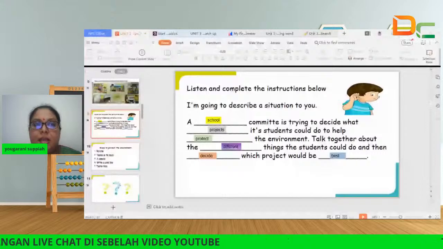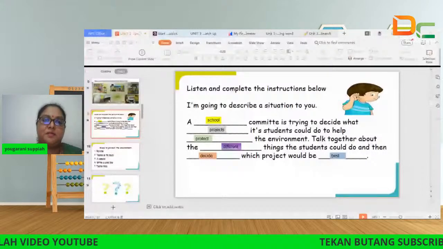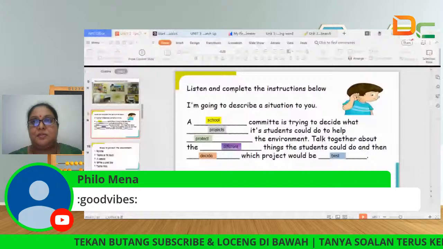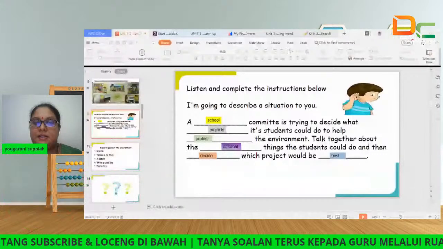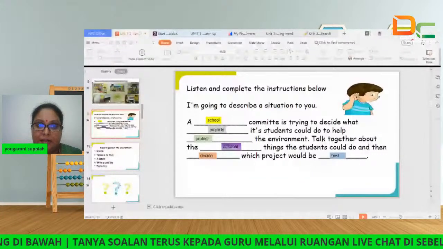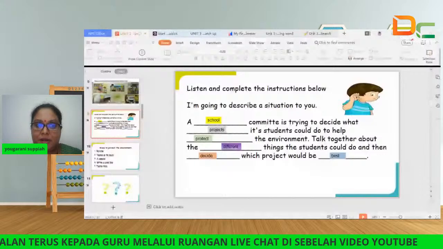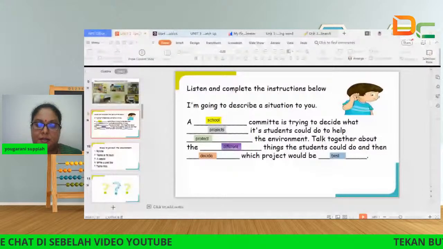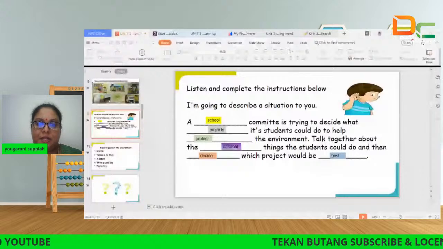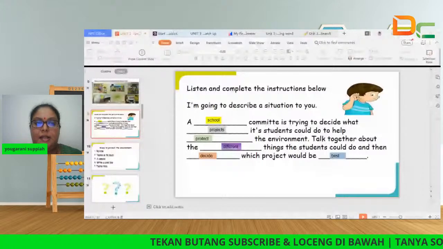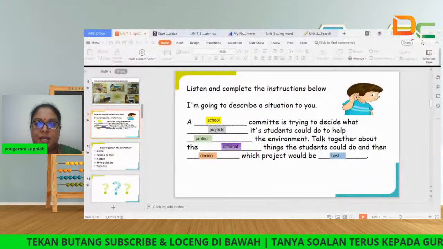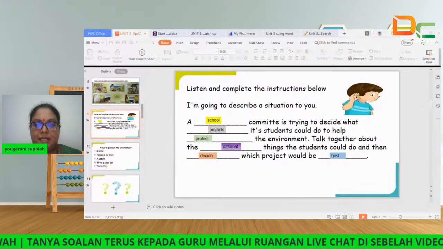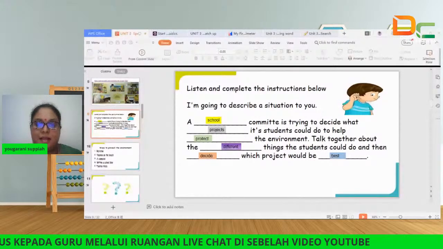Okay, here are some useful expressions, phrases that you can use for opening discussion, untuk memulakan perbualan. Shall we start with this? Let's begin by looking at.